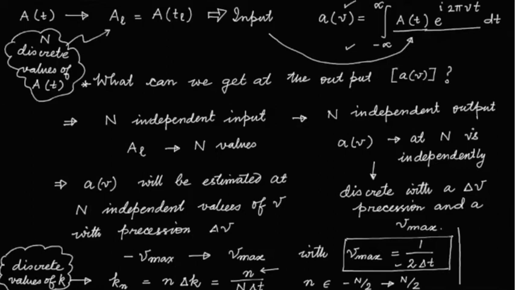How many values are there where small n is negative? Small n is an integer, right? So it goes 0, 1, 2, 3. And remember that capital N we have chosen to be even for this discussion. So if capital N equals, say, 6, how many values of small n are there?